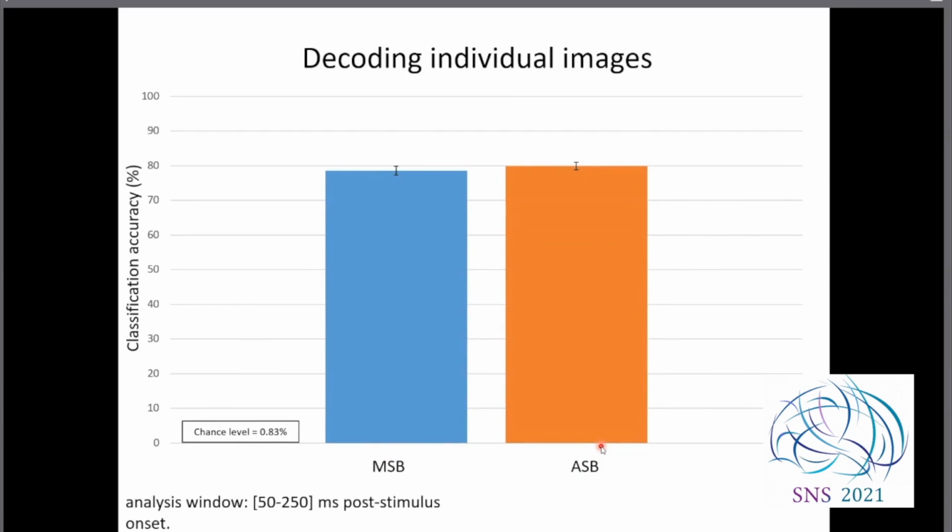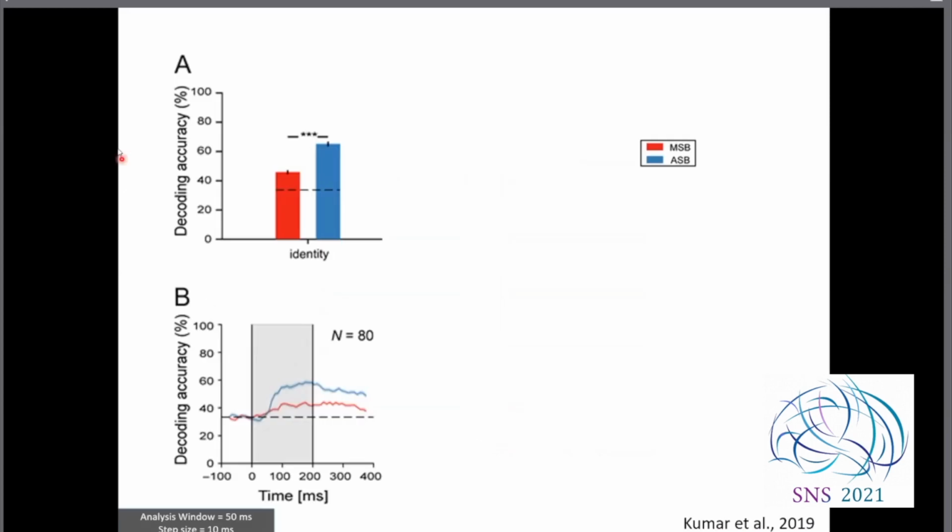So the overall image selectivity is very similar for MSB and ASB. However, when we asked the classifier to decode identity, MSB was worse than ASB. So the posterior patch is worse than the anterior patch. And this is identity irrespective of viewpoint, irrespective of posture.